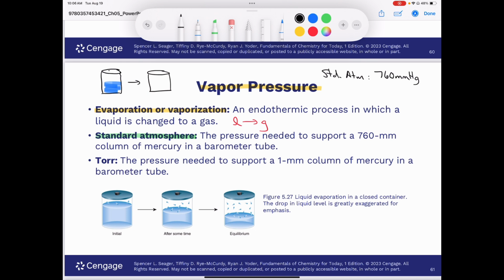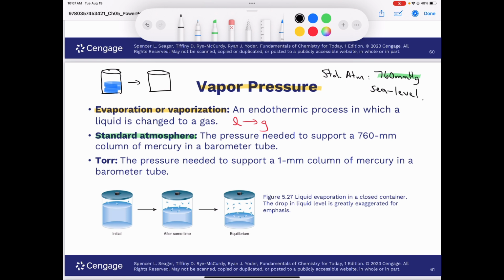There's some interesting history about that, where a scientist by the name of Evangelista Torricelli did the initial experiment in Italy, where he determined that at sea level, the column of mercury was 760 millimeters high. So when you see 760 millimeters of mercury, that's the atmospheric pressure at sea level.